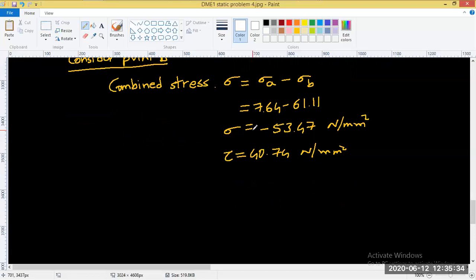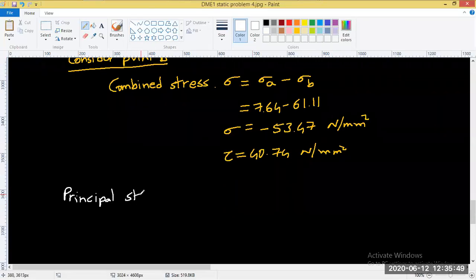Let's continue with the values of the principal stresses. I'm writing principal stresses, that is maximum and minimum stress.